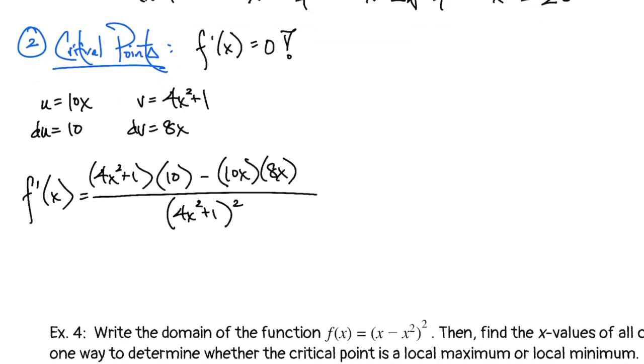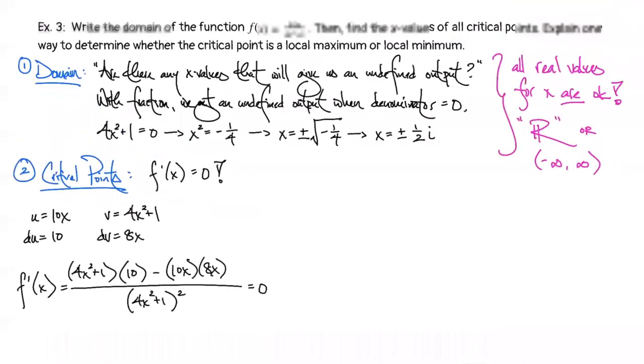And I want to set this equal to 0, right? I want to know where that slope is equal to 0. Now, as gross as this looks, let's revisit another important concept. We said earlier that with fractions, we get an undefined output when the denominator equals 0.